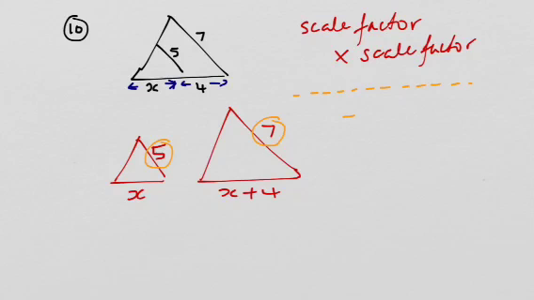So I would write that as 5 over 7. Now that should be the same as the scale factor you found up here. You maybe did 7 over 5, depending which way around you're doing it. Then I would find the corresponding ratio, which is x and x add 4. And then I would do a little bit of cross multiplying and my answer for x would come out.